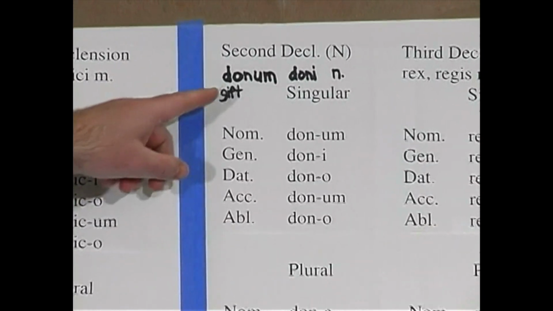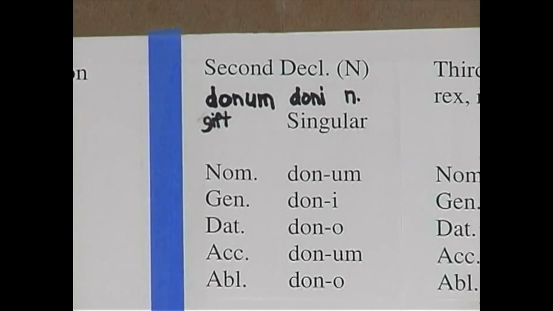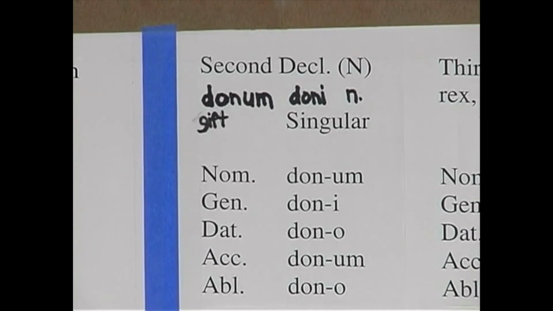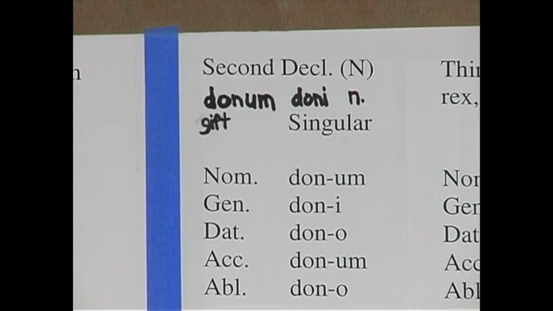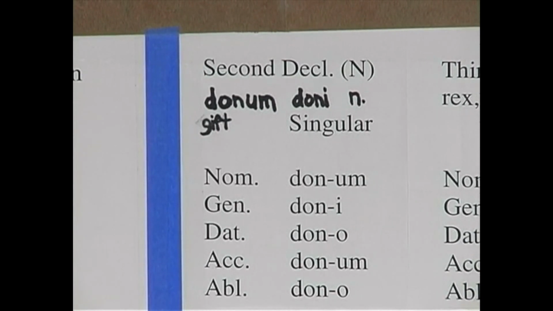The neuter gender is formed slightly differently than masculine and feminine. Namely, in all neuter nouns in Latin, the nominative and the accusative are identical. That's a steadfast rule.